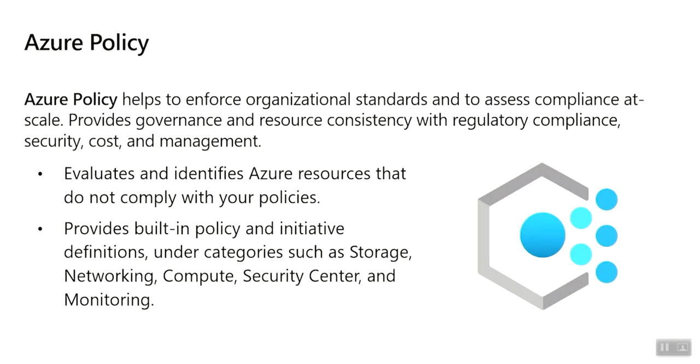Or how can I prevent my users from using a SKU that doesn't meet our company standards, or perhaps our company policies, or I don't want to deploy outside of these regions? Well, Azure Policy is going to be your best support for that, because essentially you get to set what your organizational standards are, and these policies will automatically enforce those across your subscription.